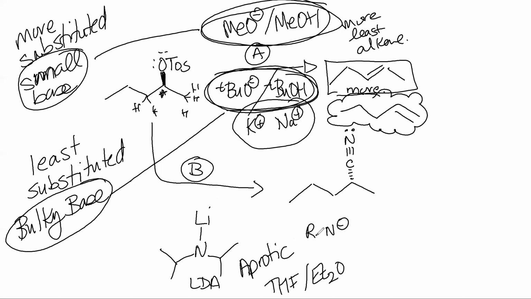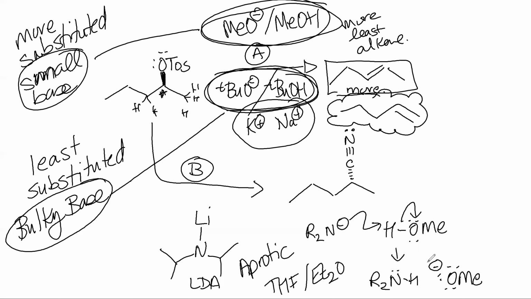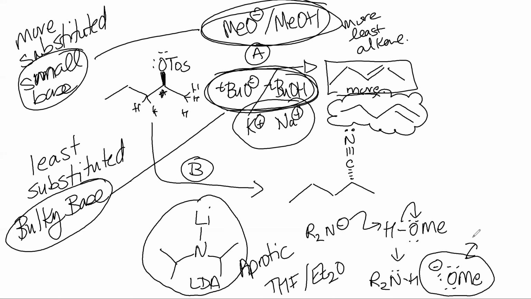If you put it in, say, methanol, all it is going to do is protonate your amine and generate methoxide. Then if you needed a big base and use methanol as your solvent, you're just going to make a small base and it's going to do exactly the opposite reaction.